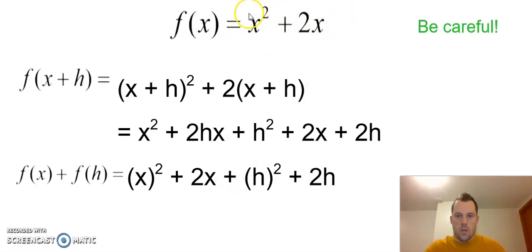Right, so I plugged in x as our input for the first, and then I plug in h as our input, and it's going to be similar to what we have up here. We just aren't going to have this 2hx.